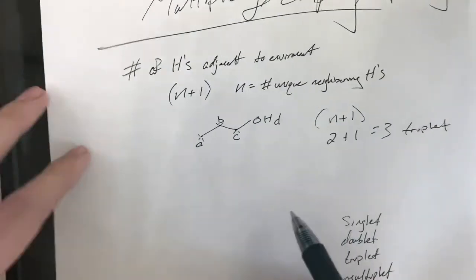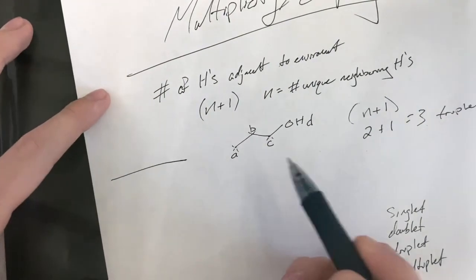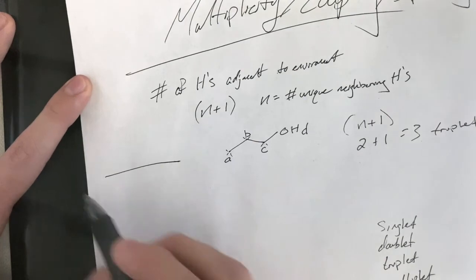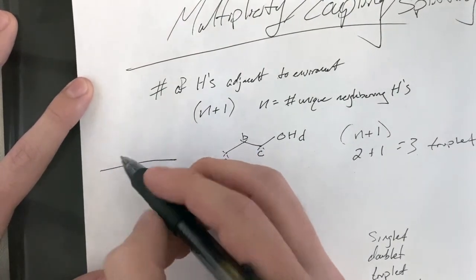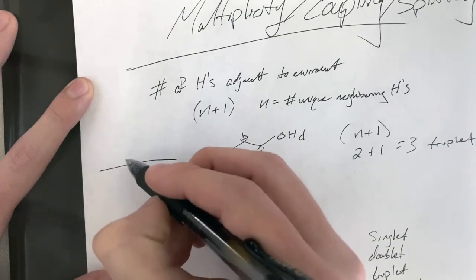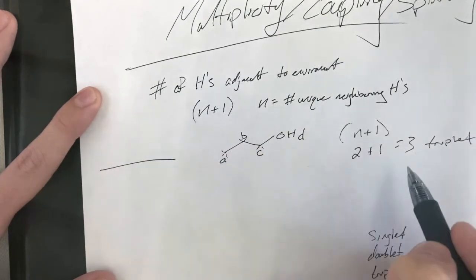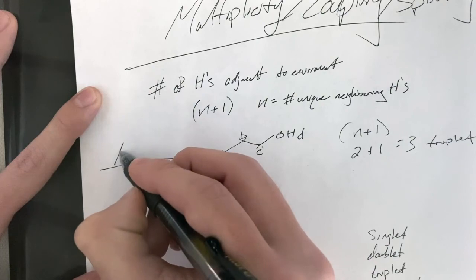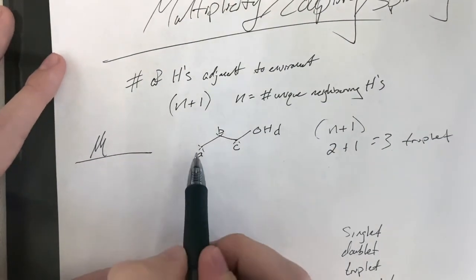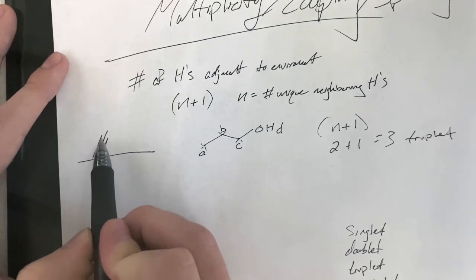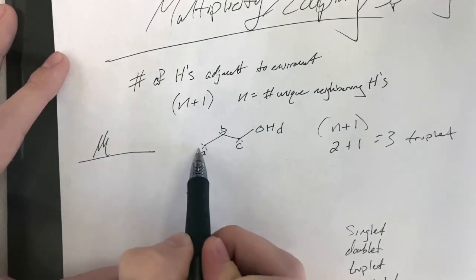So on the graph, again, all this relates to the spectrum that you're viewing. So A, again, is going to be a triplet. So the spikes are going to look like this. And each one of these peaks represents the hydrogens involved.